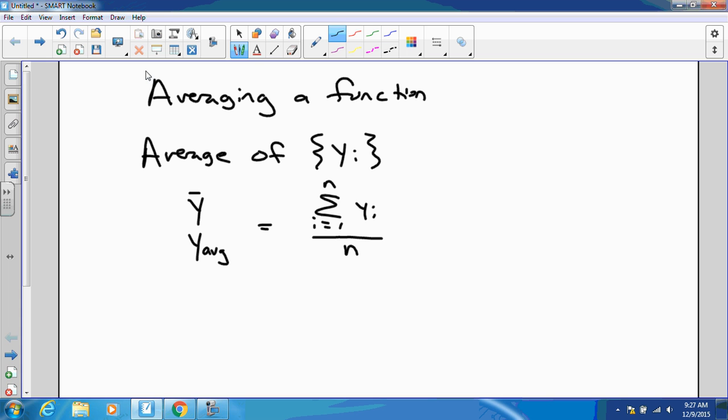So all of this means that if I want to estimate an average, then I do the exact same procedure, but I sample from the entire population.